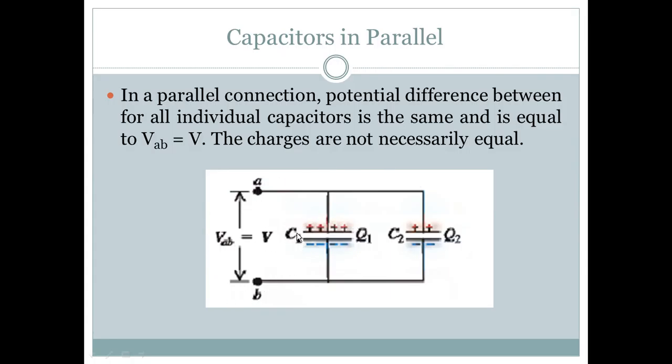So for example, for our C sub 1, the positive terminal of the capacitor has a direct connection to point A. The same goes with our C sub 2, or capacitor 2. It has a direct connection to point A. Now for C sub 1, the lower plate has a direct connection to point B. The same goes with C sub 2. The lower plate has a direct connection to point B.